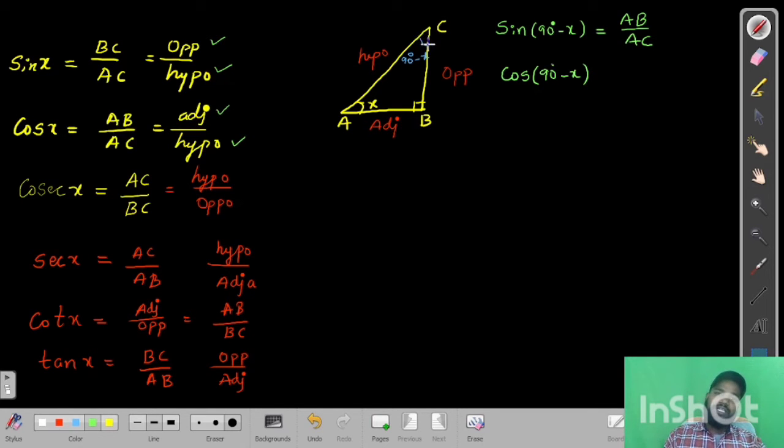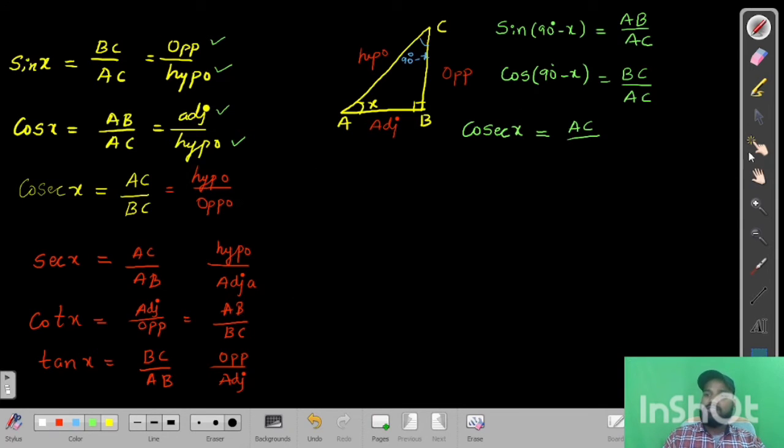With respect to this angle, adjacent is BC, and hypotenuse is AC. Next, cosec of 90 minus x.